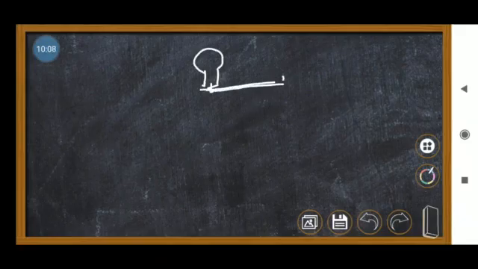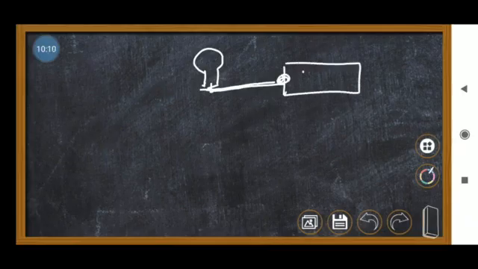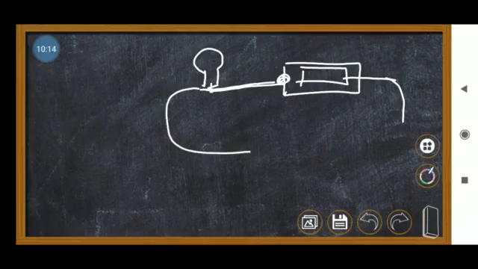So far we have discussed how we can check whether electric current is passing or not. In your 6th standard you did an activity, right? You take one small bulb and connect it with the switch, then one more wire here, and then you connect it with the battery or cell.